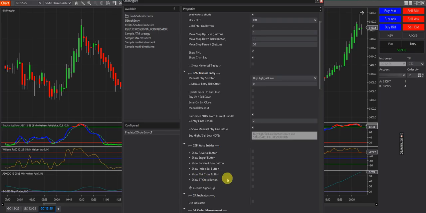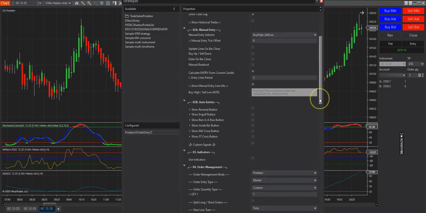You can also show a moving average cross. You can have the moving averages, and when they cross, it enters a trade for you. So this is an automatic trade manager, like when you hear automated strategy.